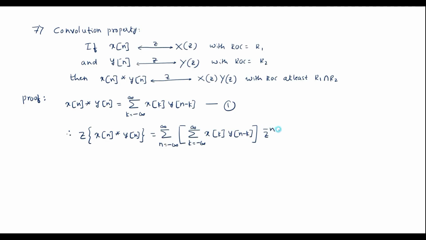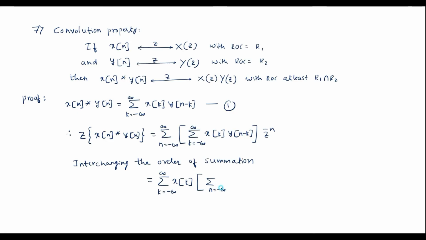z power minus n, summation with n variable. Interchanging the order of summation, that is equal to summation k is equal to minus infinity to infinity x of k. Now I will write another summation, that is n is equal to minus infinity to infinity y of n minus k z power minus n.